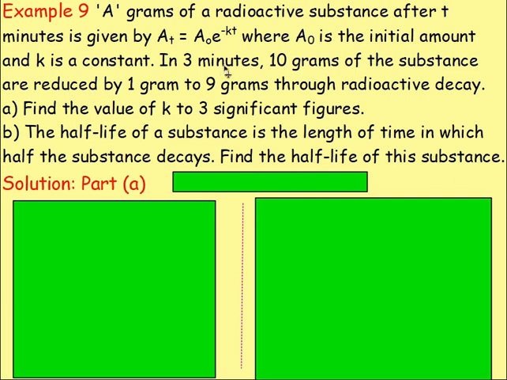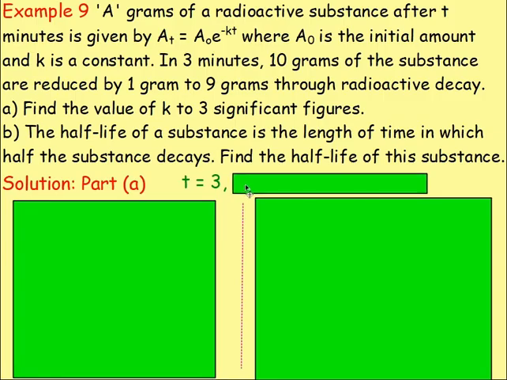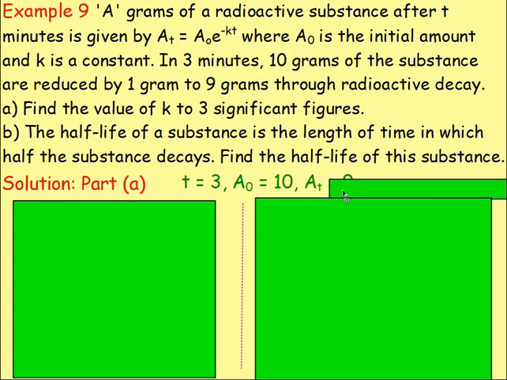So for part A, we're picking out the information first of all. We know t is going to be equal to 3. It's telling us in 3 minutes, 10 grams of the substance is reduced to 9 grams. So we know the amount at the start is going to be 10 grams, and after 3 minutes there are 9 grams remaining.